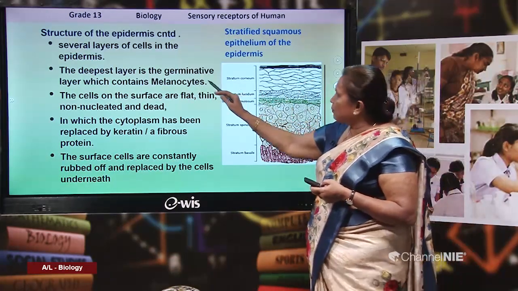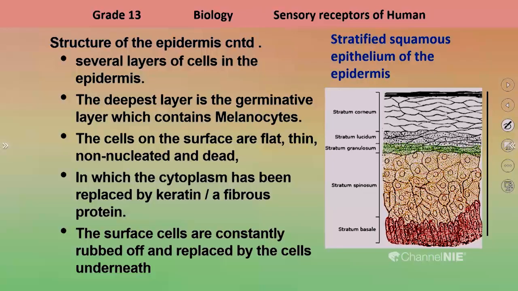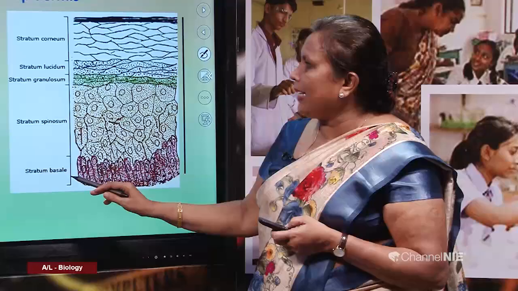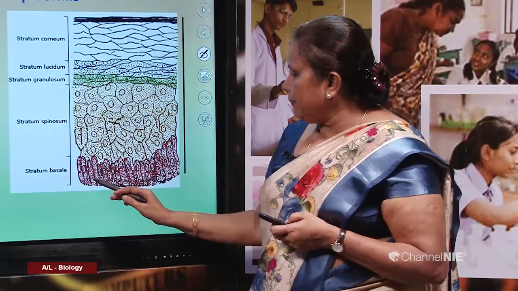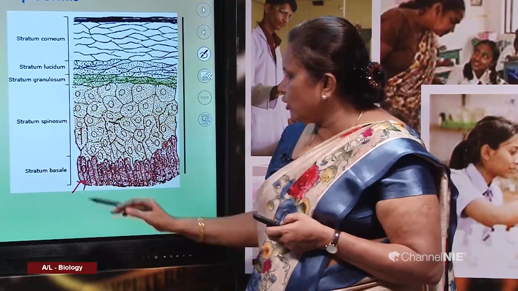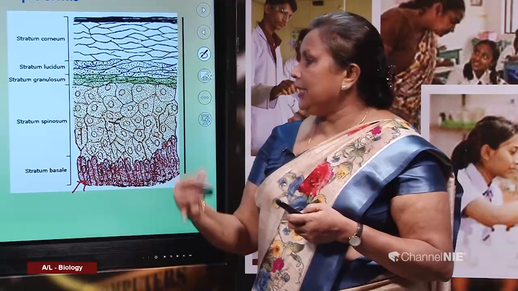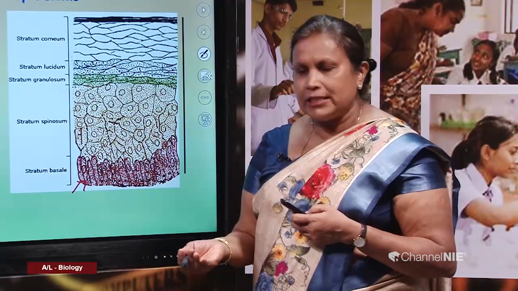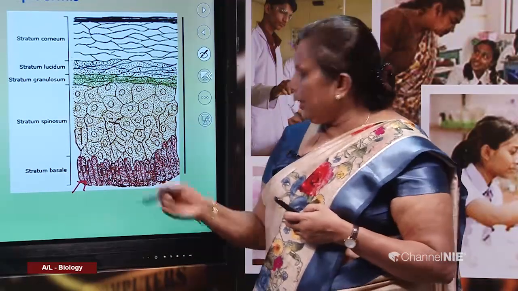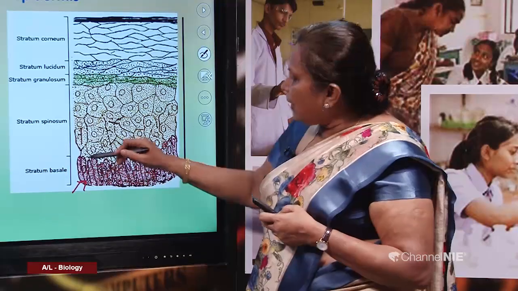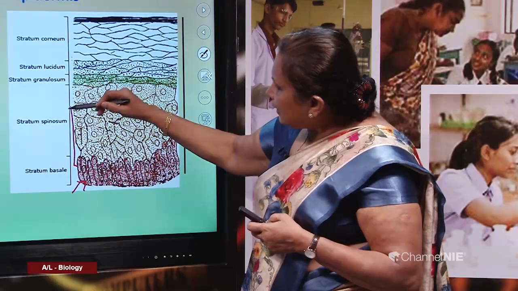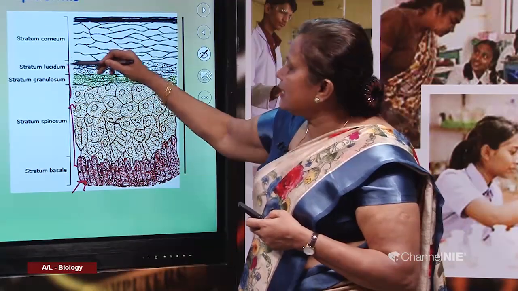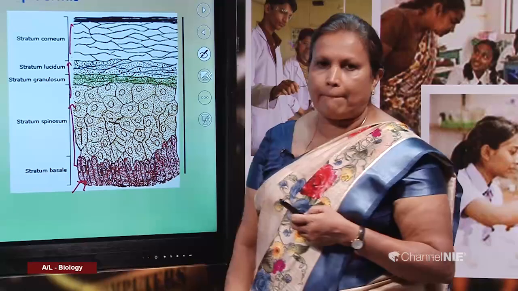Now I will explain the structure of the epidermis. There are several layers, as I explained. The deepest layer is known as the germinative layer. This has the ability to produce new cells by mitosis. It produces new cells, but these cells gradually change their shapes towards the top.